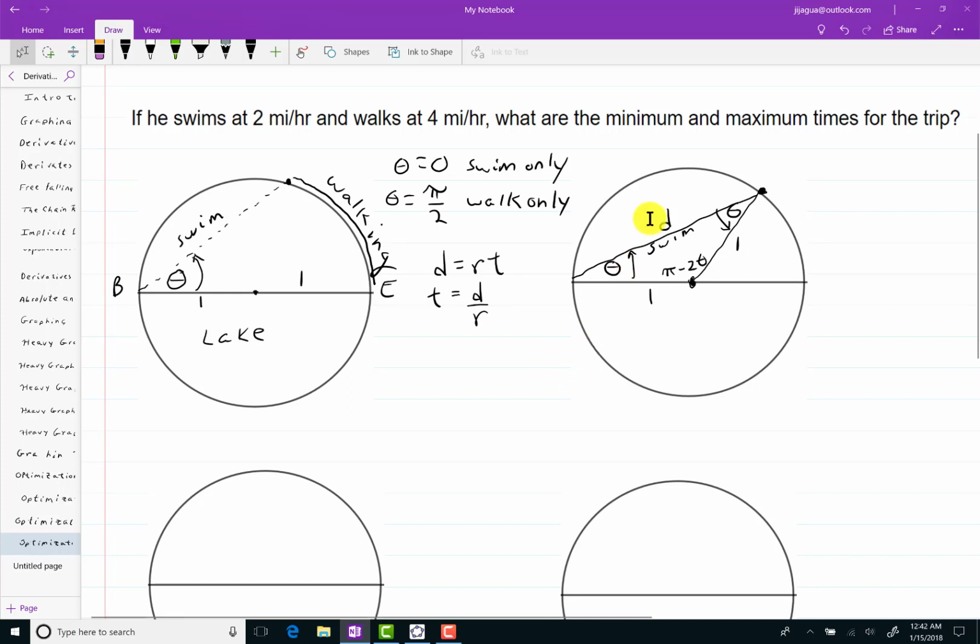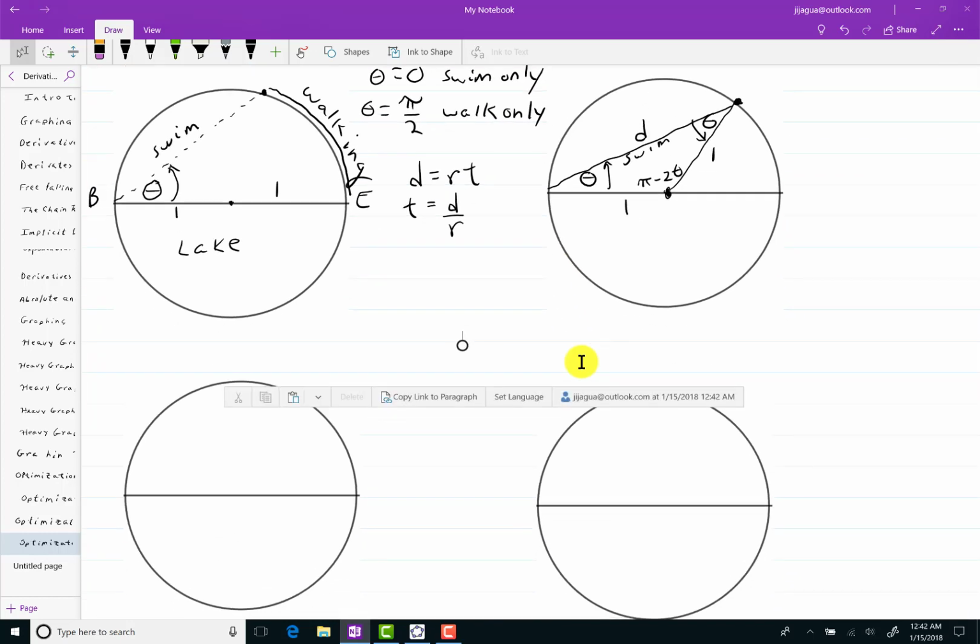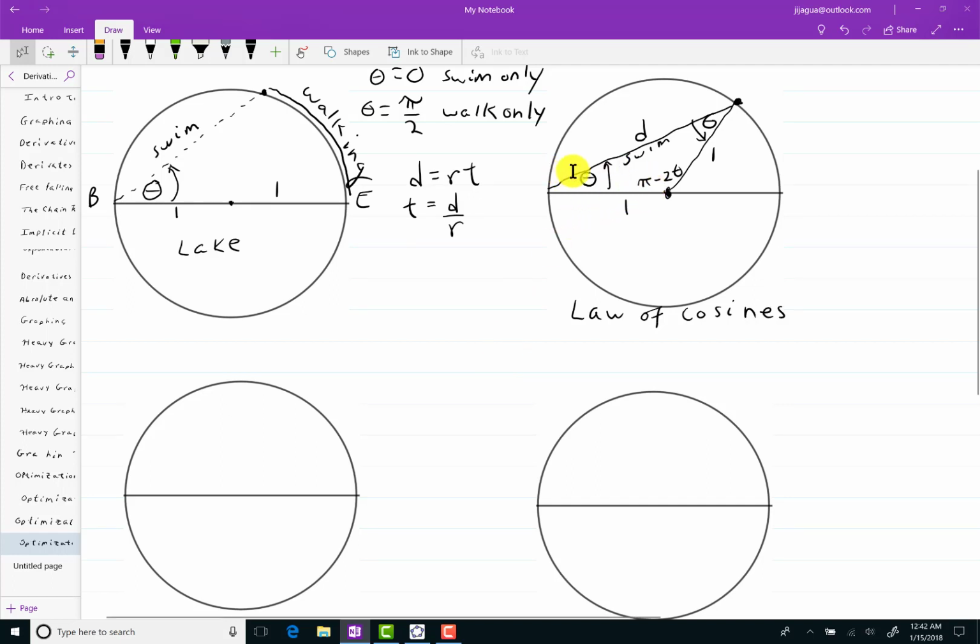So I'm able to get d using something called the law of cosines. Let's go ahead and do that one. It's a generalization of the Pythagorean theorem.